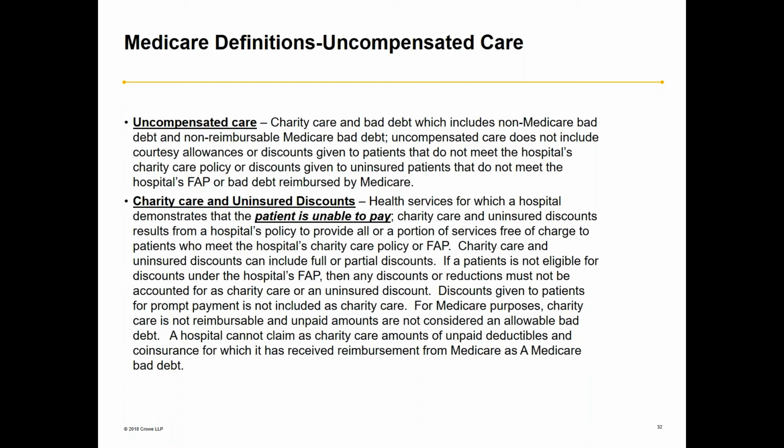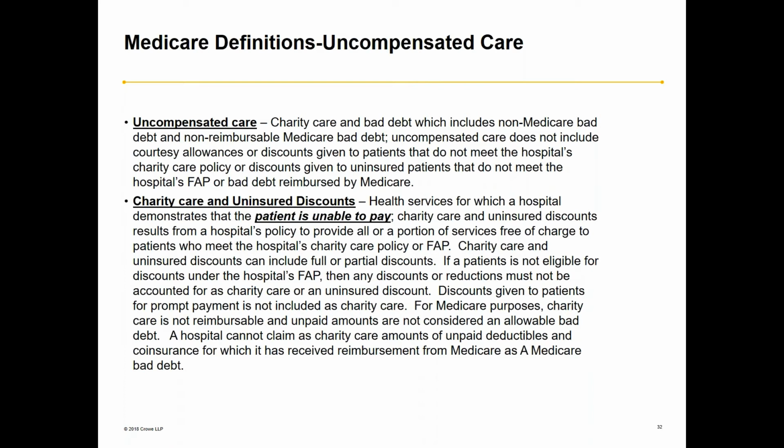That charity care bad debt cannot be included in your charity care, and the Medicare bad debt that you're being reimbursed for cannot be included as uncompensated care, because you're already getting reimbursed for that through the bad debt mechanism. They want to make sure you're not getting paid for that through this uncompensated care mechanism also.